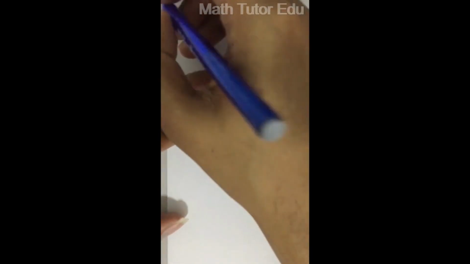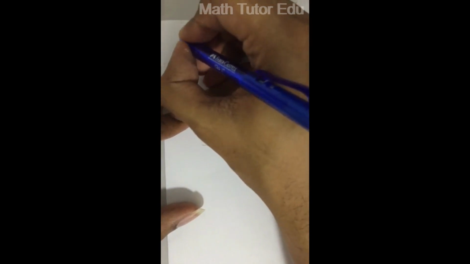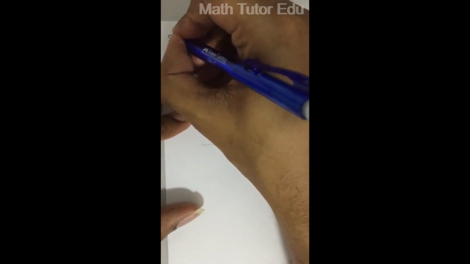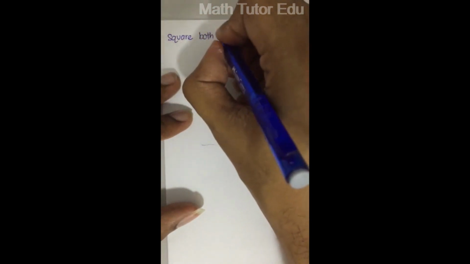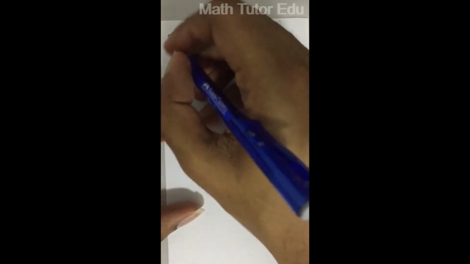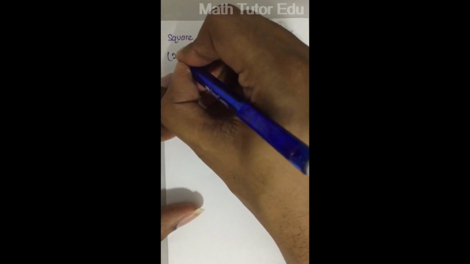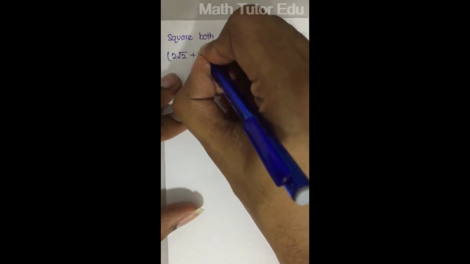For the next step, since we have surds on both sides of the equation, we try to eliminate them by squaring both sides. We try to simplify them by squaring both sides. So from here, (2 surd 2 plus 1) square.